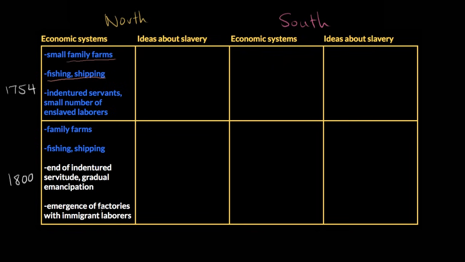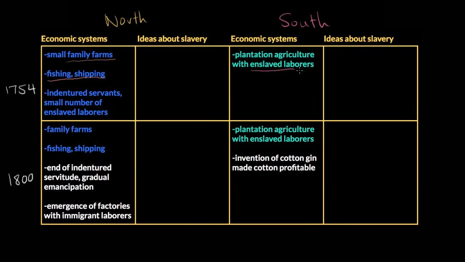Now let's look at the economic systems of the South in 1754 and 1800. In 1754, plantation agriculture, based on enslaved labor, was the central economic system. And it was also the central economic system in 1800.